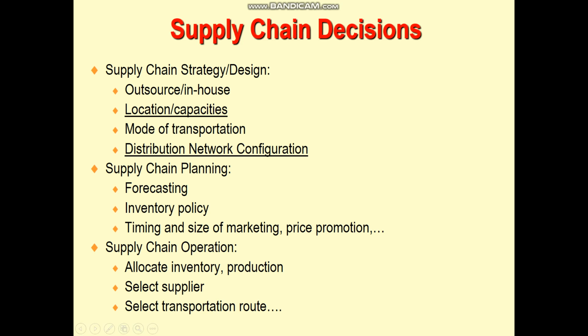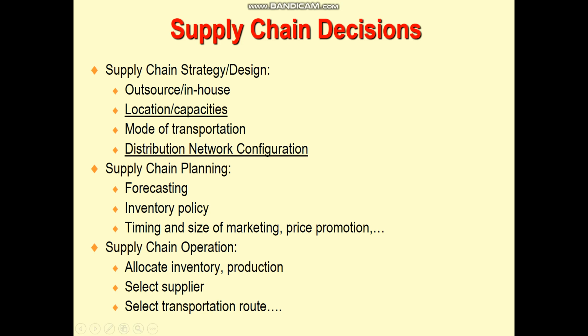Then supply planning is the plan for a shorter time, maybe between a quarter of a year and 1 year. Here you have to forecast the demand so that you will have a better production plan, or you also decide the inventory policy and inventory level, and also when you should have promotions, the marketing strategy.